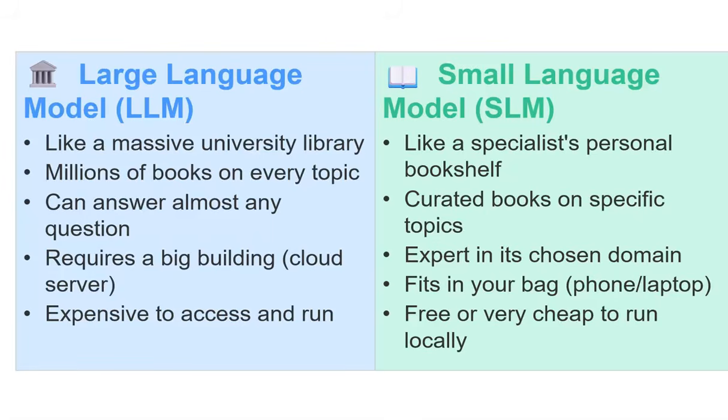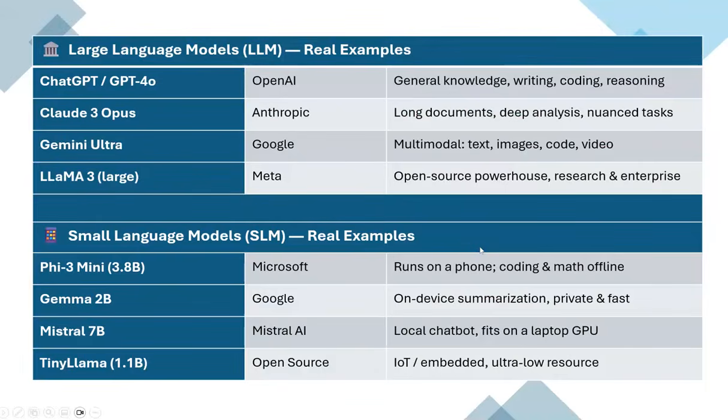I can choose, like, tax or assurance, one particular domain, train my model, and then deploy it locally so that it doesn't need to make a call to the cloud. It will be super fast when running on your local laptop or a mobile, and you're also not spending any money on a cloud provider or your generative AI provider, and that's why it's free or very cheap to run locally.